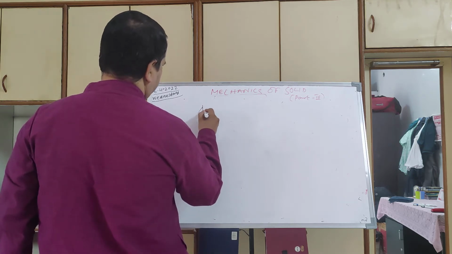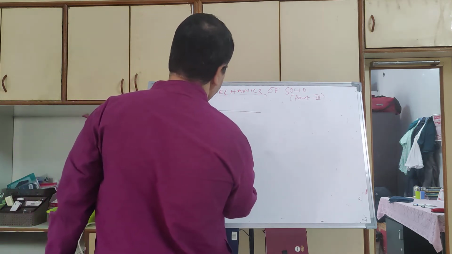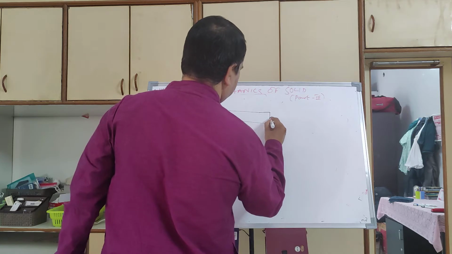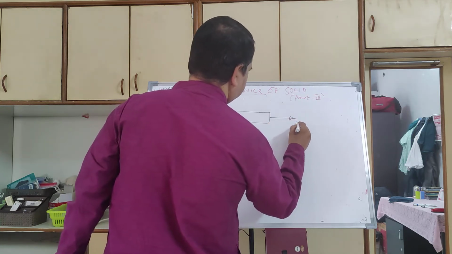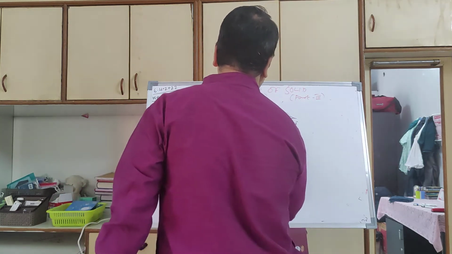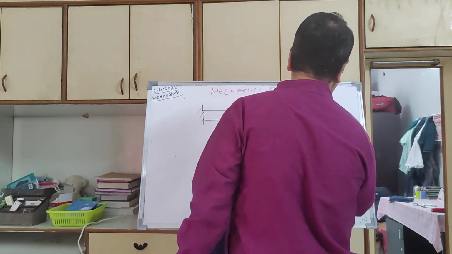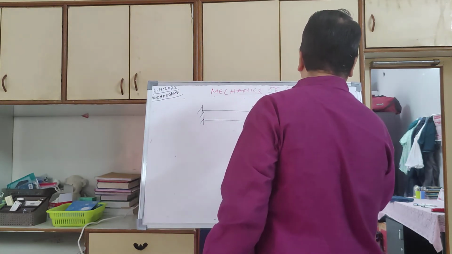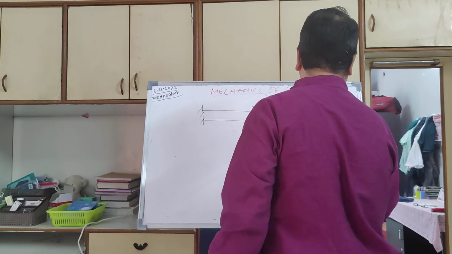So this is a rod. You are applying a force. If you take a cross section of this rod from the side, it will be a circular cross section.